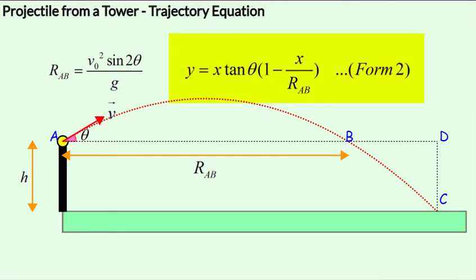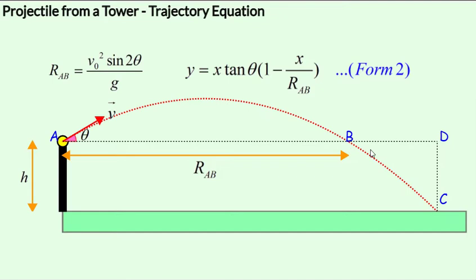This is a form that is easier to remember, but be very careful with this form. The range RAB is not the full range AD, but only the portion from A to B. So only to the same horizontal level that the projectile was launched from.